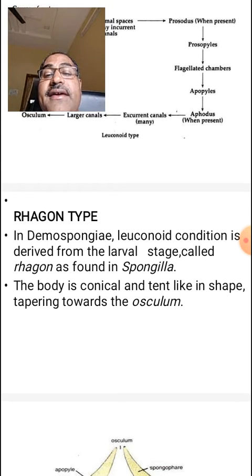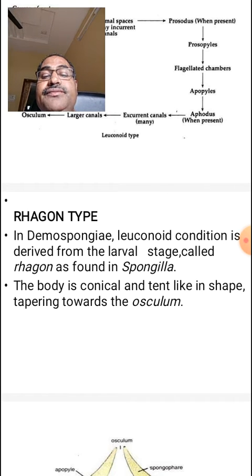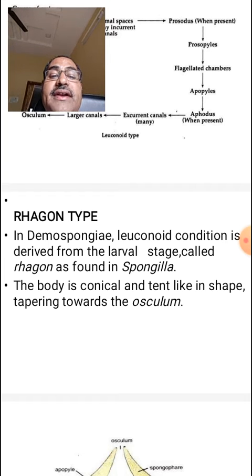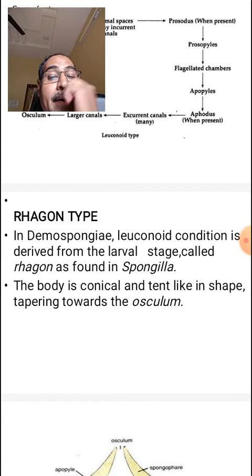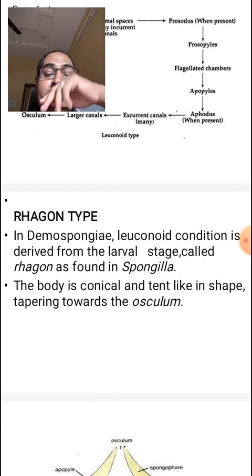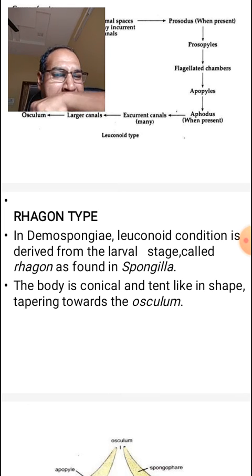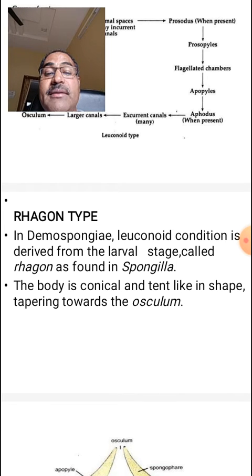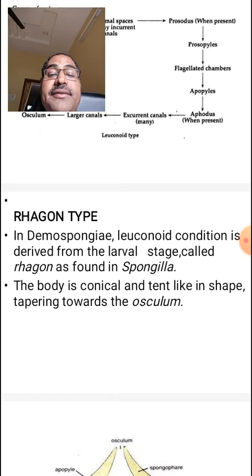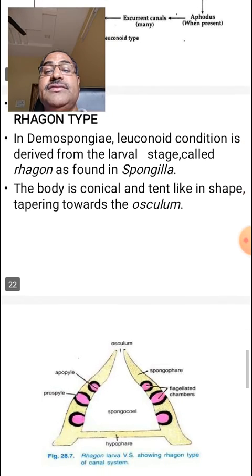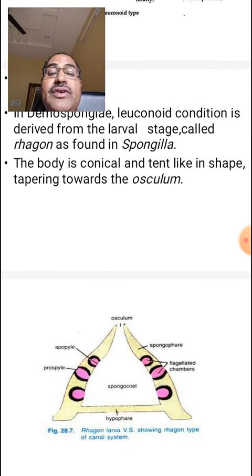In the Demospongiae, the leuconoid condition is derived from the larval stage called rhagon type, as found in Spongilla. The body is conical and tent-like in shape, tapering towards the osculum.